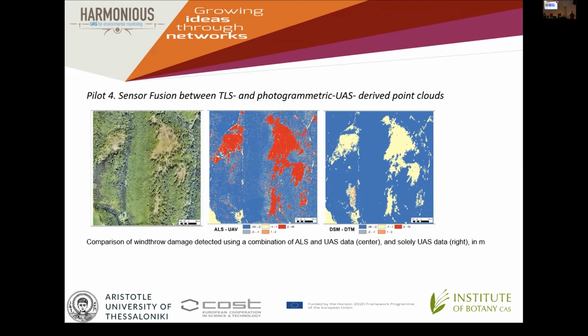It is an example of windthrow damage that was detected using a combination of airborne laser scanning and UAS data, UAS photogrammetry. It is actually a comparison of to what extent the photogrammetric point cloud can be used to assess the change caused by windthrow damage in the forest. This is again in temperate forests. This study case is in Slovakia.